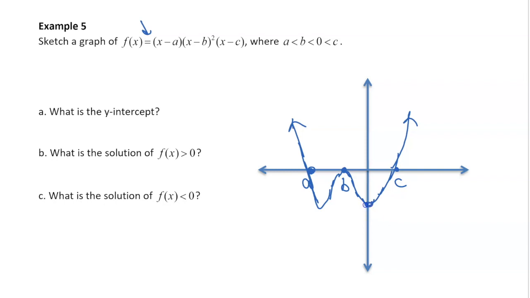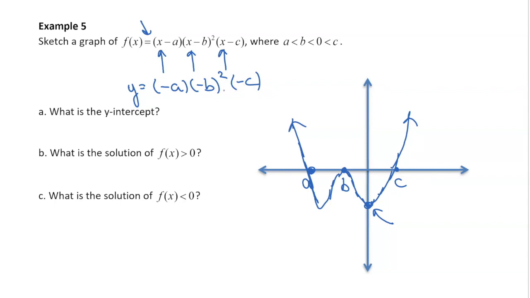And right here we have our y-intercept. If we put in a 0 wherever we have an x, what would end up happening? We would have something that would say negative a, negative b squared, negative c.